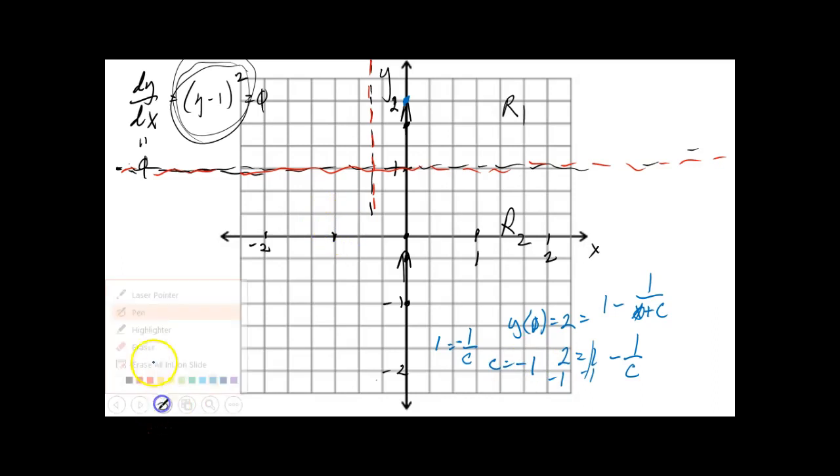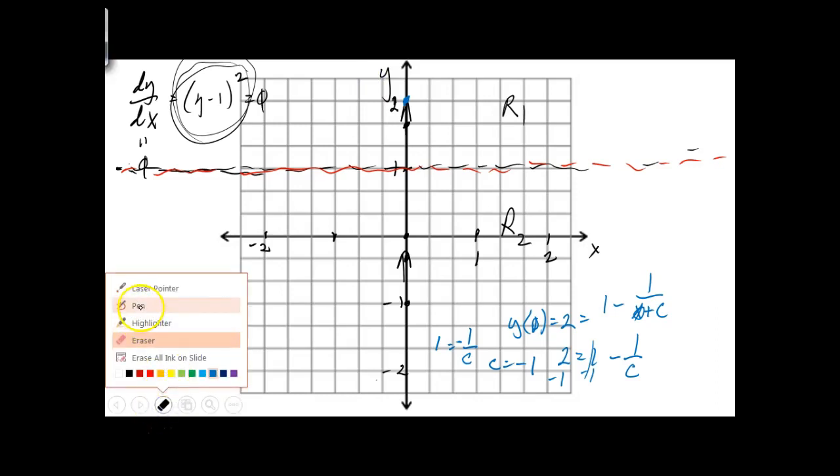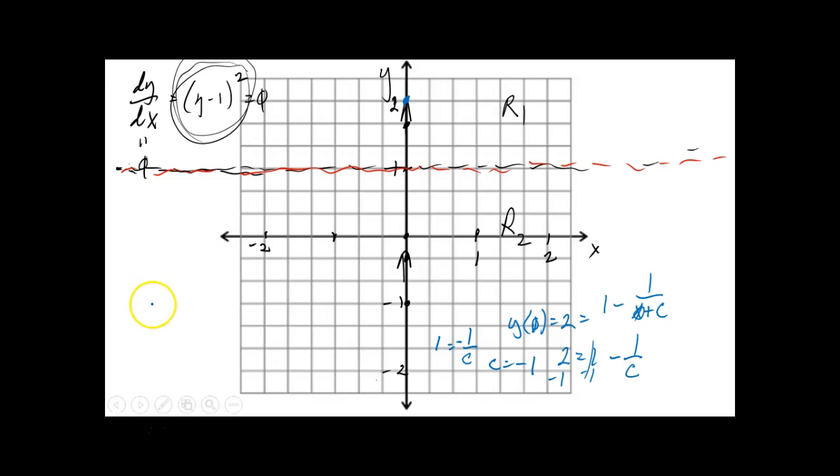Oops, I didn't get enough erased, did I? Okay. Something wrong with this picture here. Yeah, no, that's right. Yeah, c is equal to negative 1.